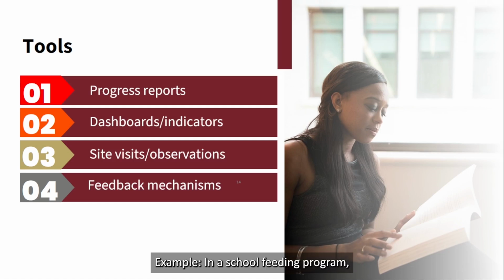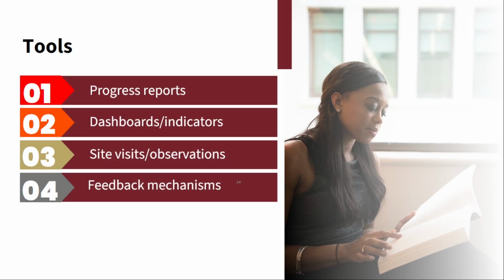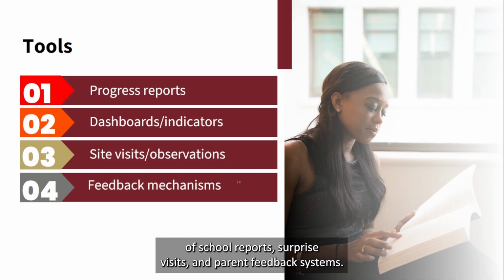Example: in a school feeding program, monitoring might track daily meal preparation, student attendance, food quality, and budget expenditure through a combination of school reports, surprise visits, and parent feedback systems.